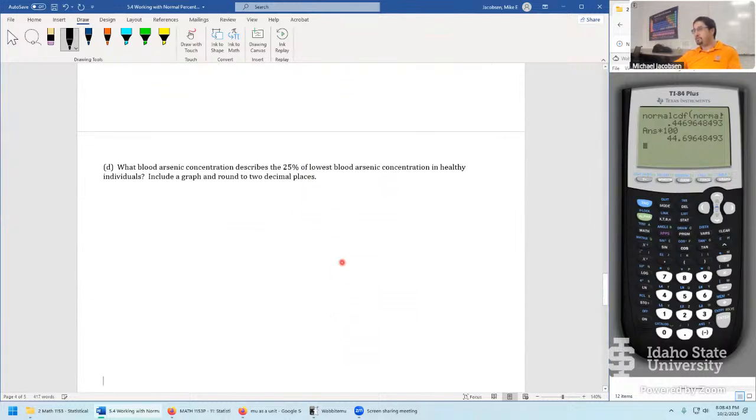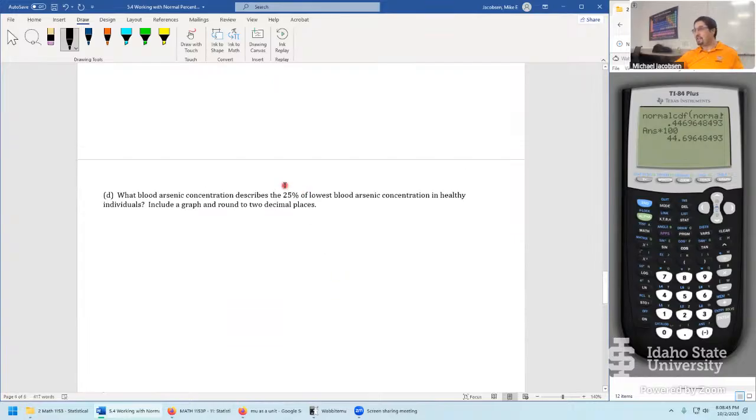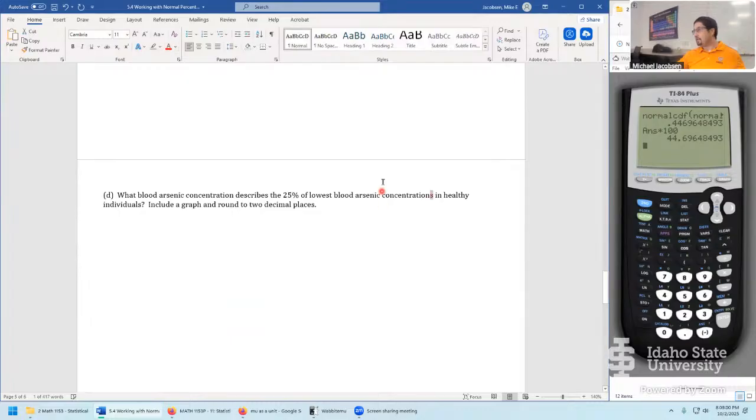It asks not about a percentage anymore. It provided a percentage this time. What blood arsenic concentrations describe the 25% of blood arsenic concentrations in healthy individuals? Include a graph, round to 2 decimal places.